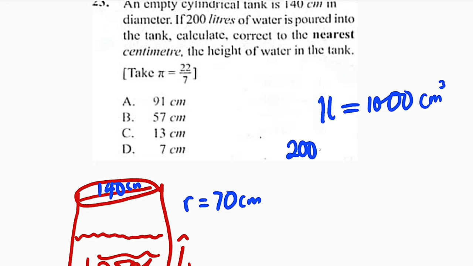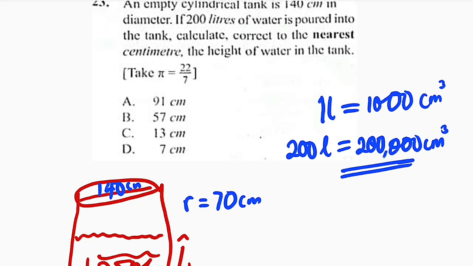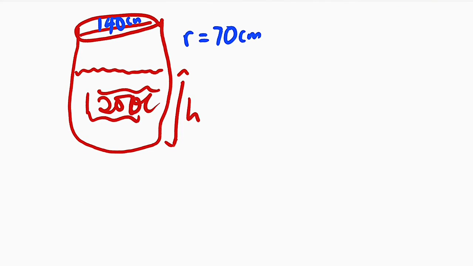Therefore, 200 liters will be equivalent to 200,000 centimeter cubed. So this is the actual volume of the water in centimeter cubed. Okay, and remember the formula we are going to apply is what? The volume is equal to pi r squared h, and we are looking for h, right?